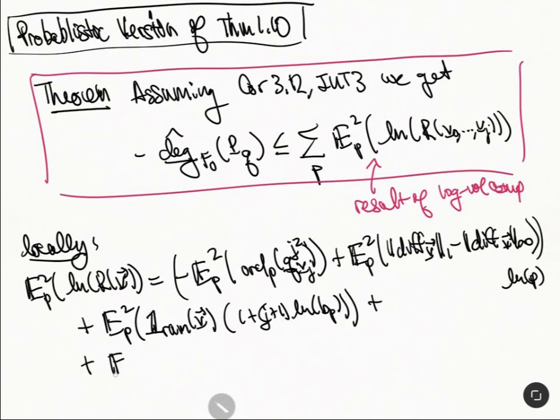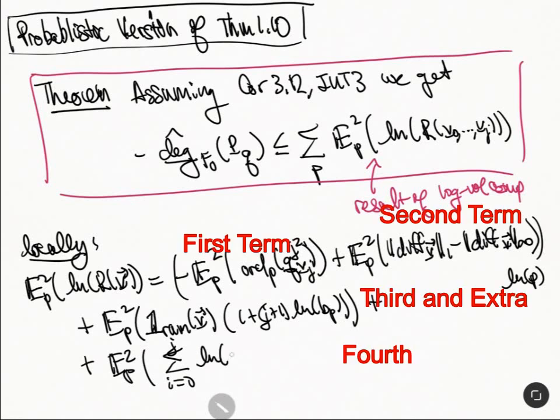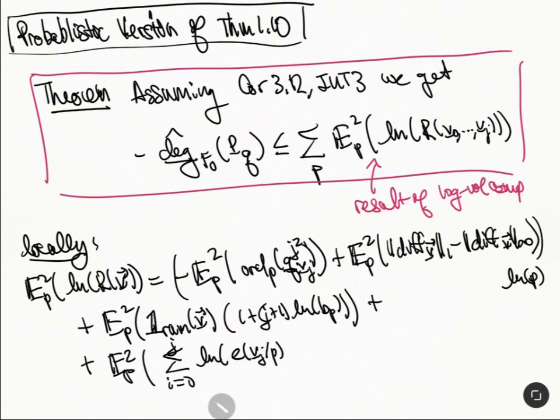This expectation of the sum, 0 to J, of the natural log of E over P, like so. So the sum of the inertia degrees.